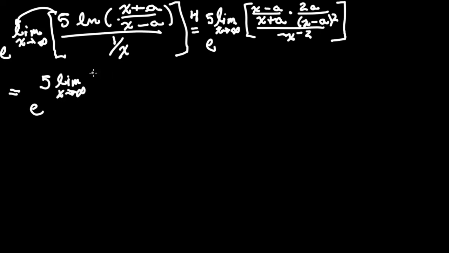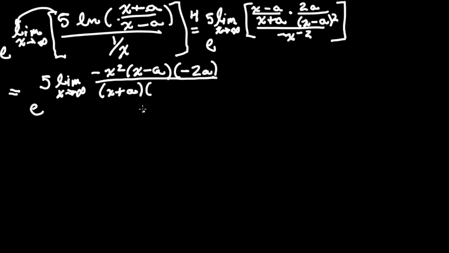And then that is going to give us negative x squared with x minus a minus 2a, all on the numerator. And then on the denominator, we are going to have x plus a and x minus a squared.